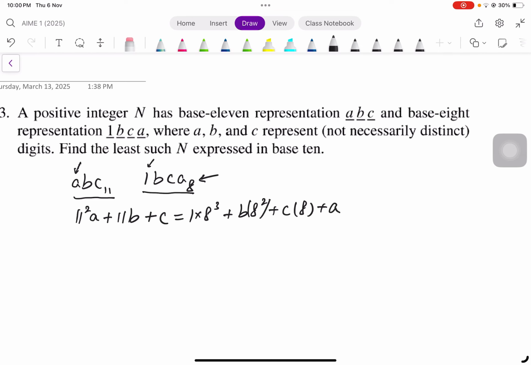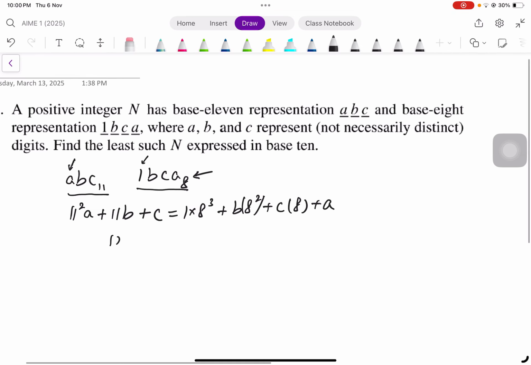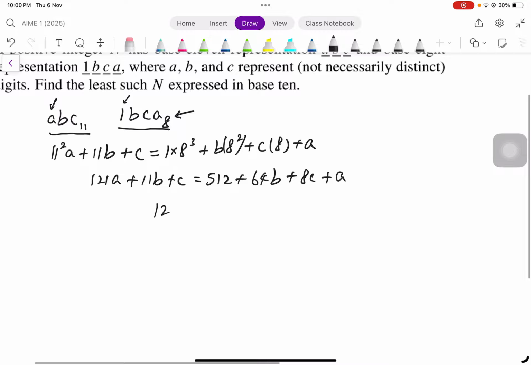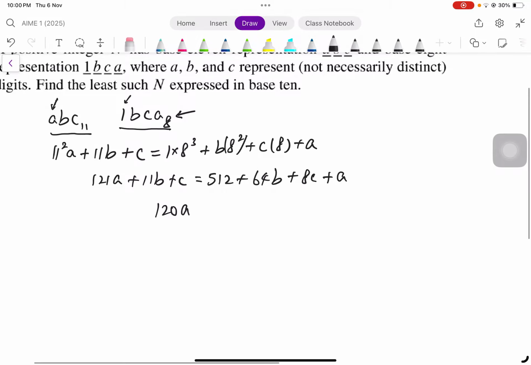With that you get 121a plus 11b plus c, equal to 512 plus 64b plus 8c plus a. Then that gives you 120a equals 512 plus 53b plus 7c.